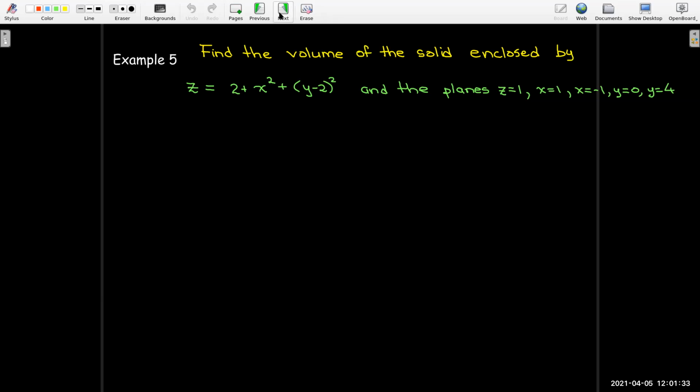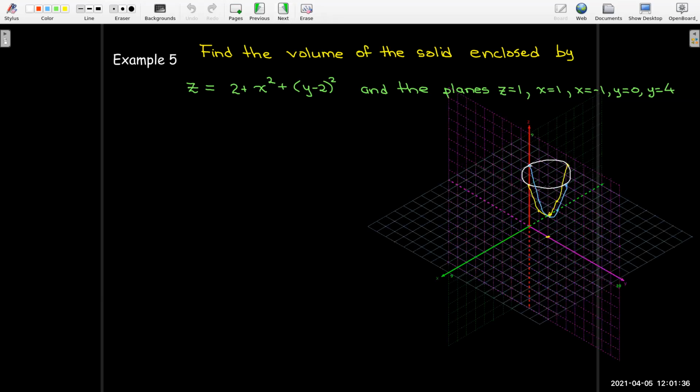What does this look like? Well, I did my best to try to sketch this. I know that this is going to be a paraboloid. It's actually going to be, this cross section is going to be a circle. It's going to lie 2 units above the point where y equals 2 along the y-axis.